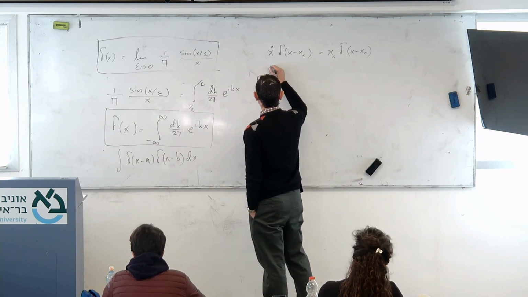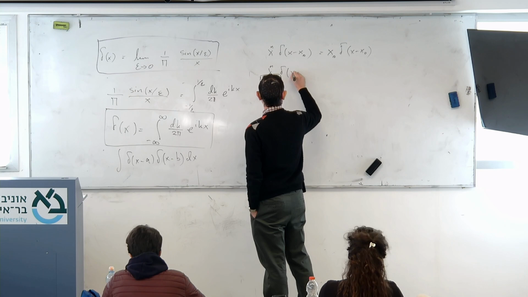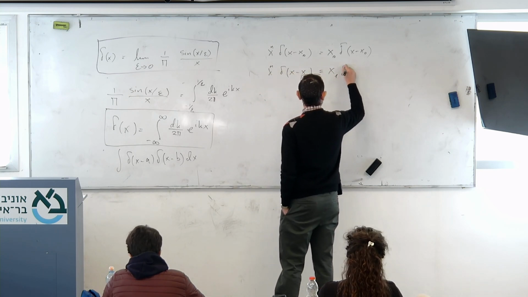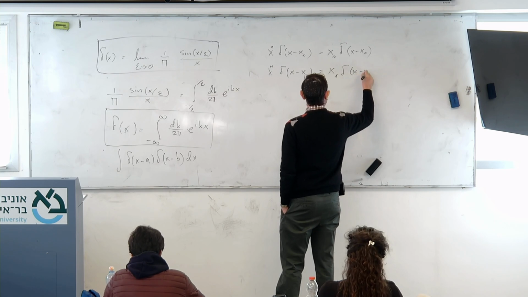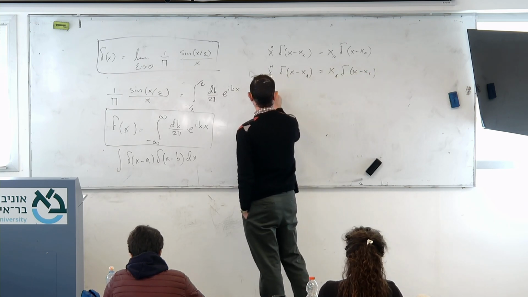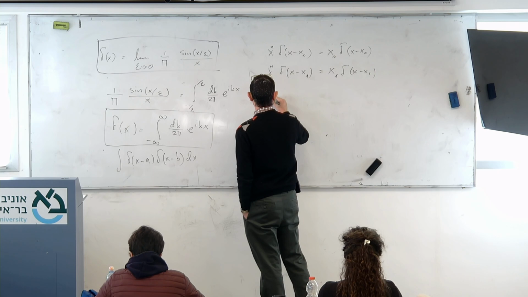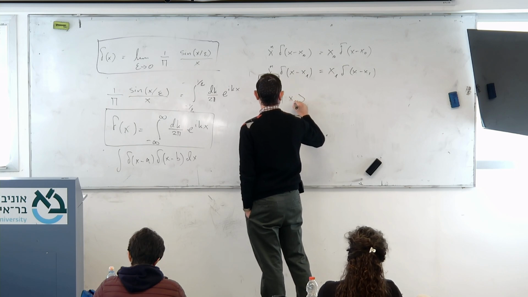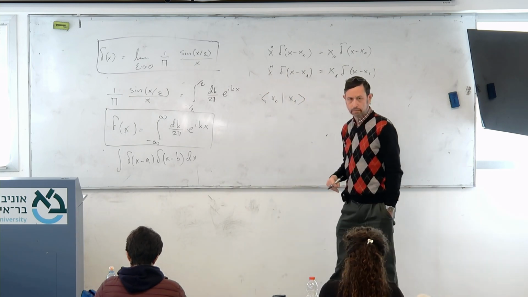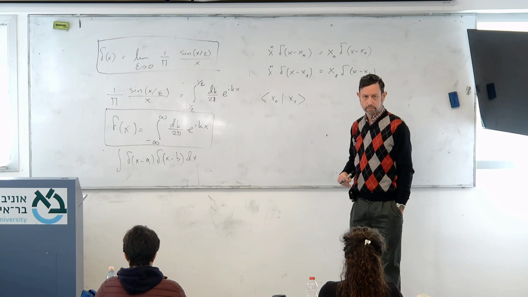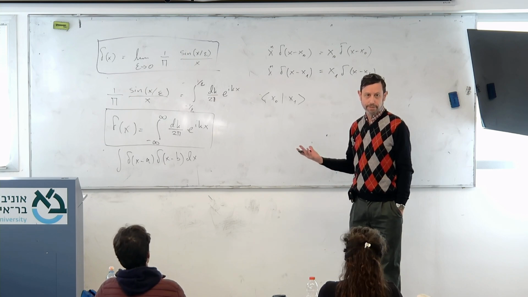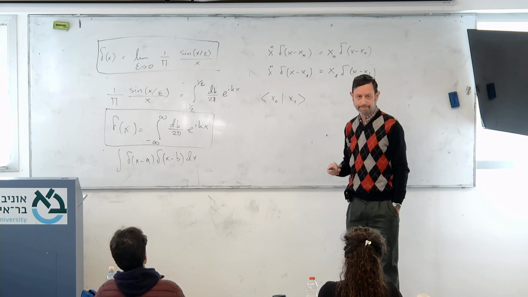So, if I take another eigenvector, so necessarily this should be a delta function, right? Let's check.